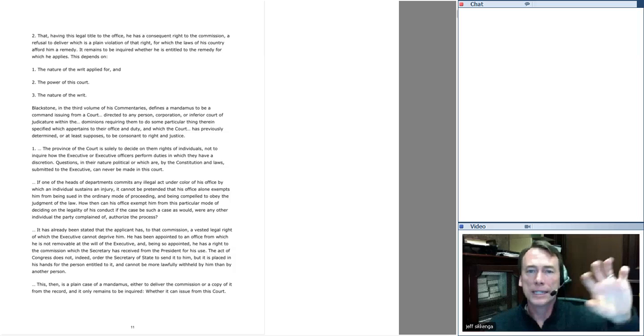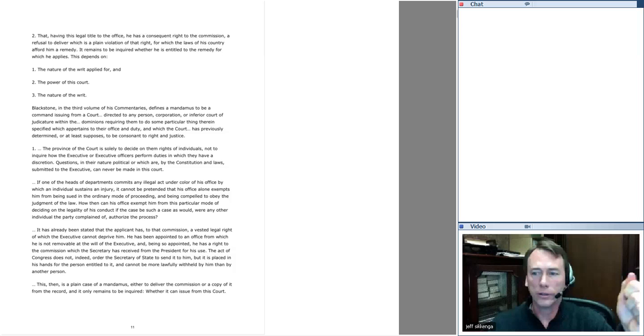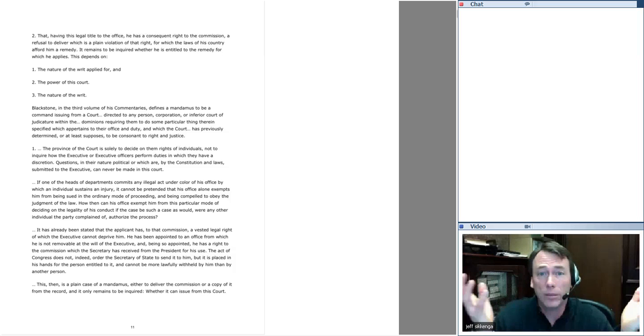It's not a sword to hold over the Congress or the president. Right? All Marshall is saying here is, I'm sorry, we can't do what you're asking us to do. He is not demanding, therefore, that Madison hand over the commission. In fact, he says, we can't tell him that. Even though he does owe it to you, it's not up to us. We can't act unconstitutionally.